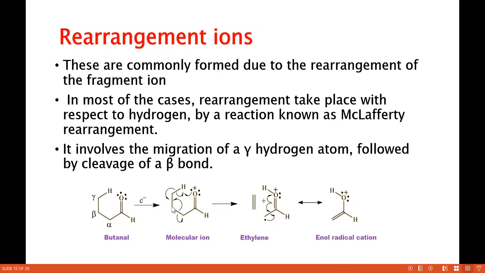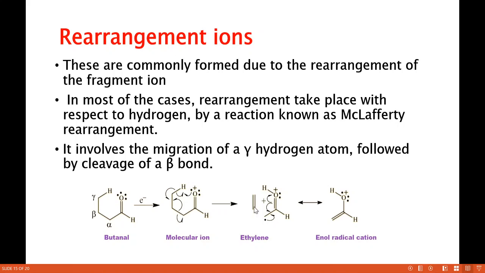In the molecular ion, the McLafferty rearrangement is the migration of this gamma hydrogen. This gamma hydrogen migrates to this side, and here this electron and this bond break. Here there is the release of an ethylene molecule. The hydrogen is shifted to the O side and one radical is here.